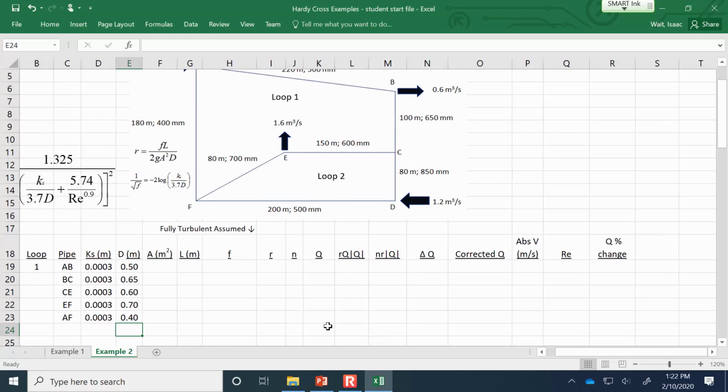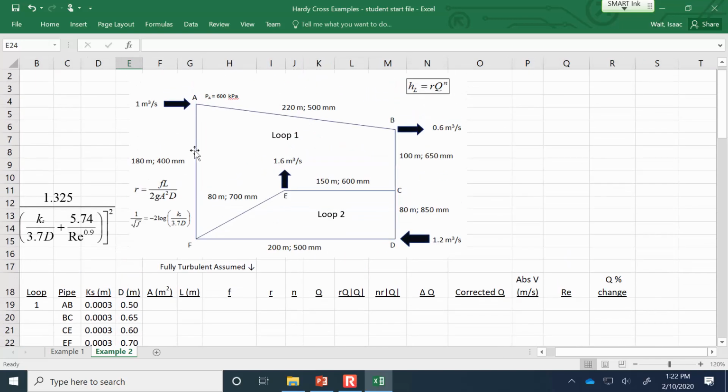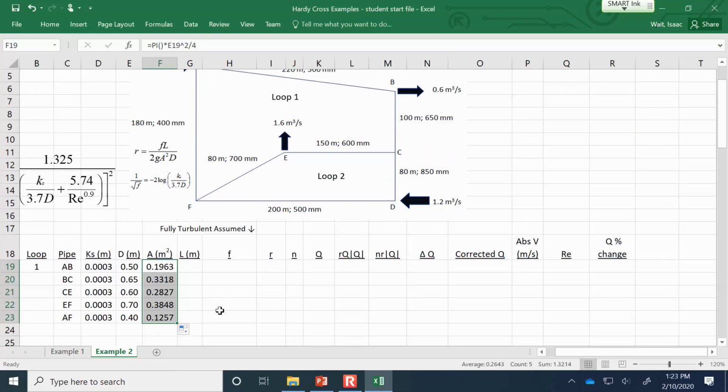All right. Calculate the cross-sectional area: pi times the diameter squared divided by 4. And we can double click and it'll apply that same formula down through all of them.